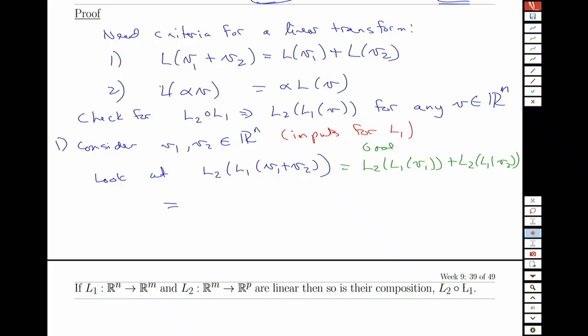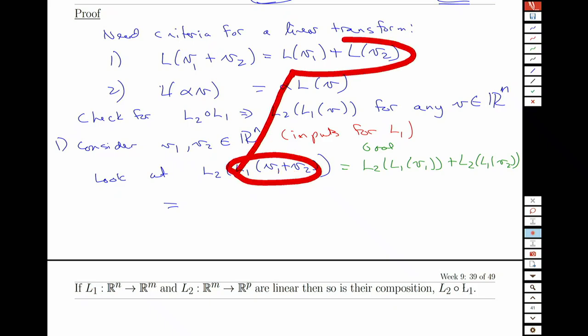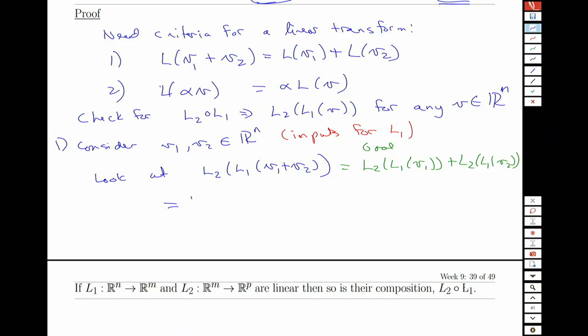I wish I could break this into two separate terms. What do we know about L1? It's linear. That means that this rule up here applies. So we can break this down in one step to L1 of V1 plus L1 of V2, and that's because L1 is linear.